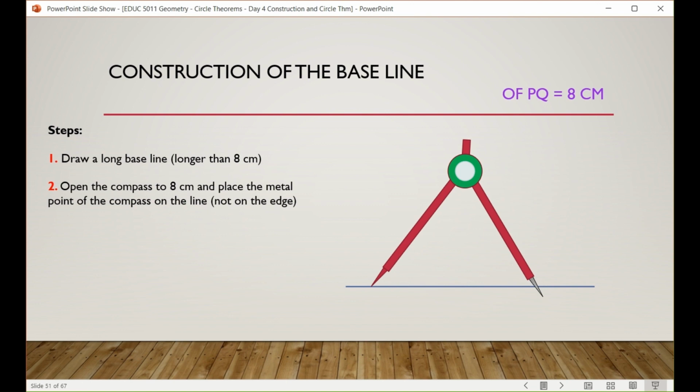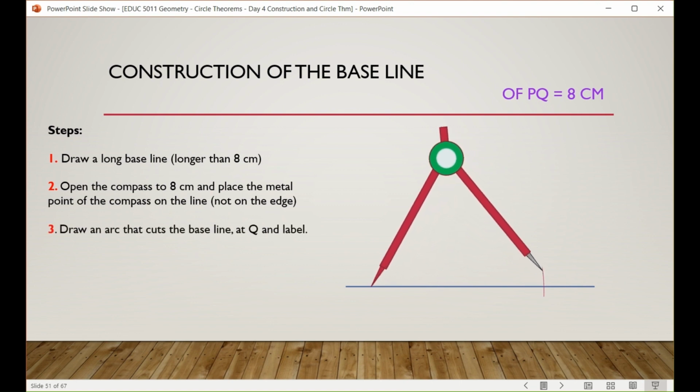And then we're going to take the pencil, whether it's mechanical or not, and scribe an arc from below that baseline. So we're drawing an arc that cuts the baseline, and that point will be labeled Q. So we've gotten half of it.